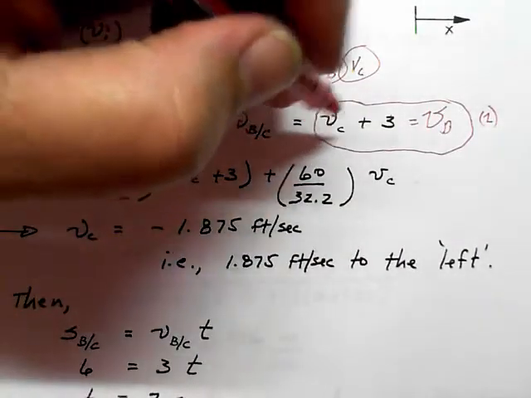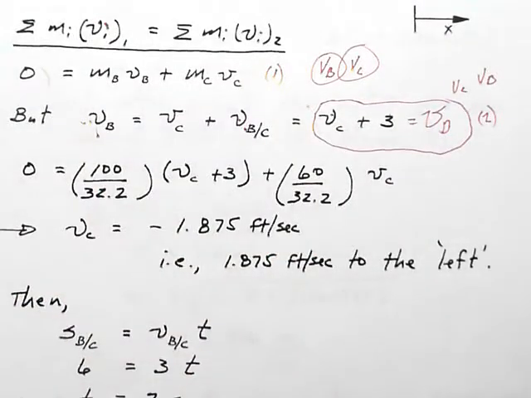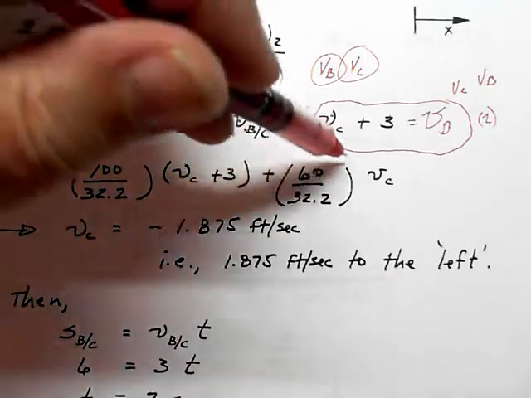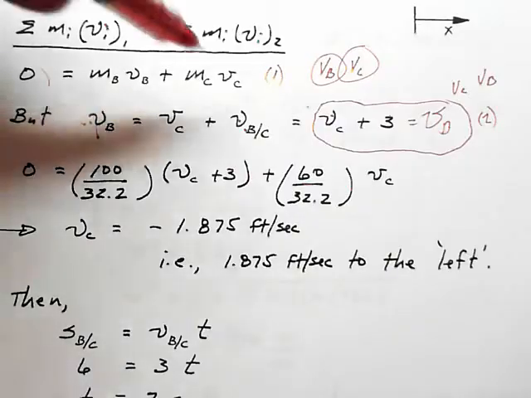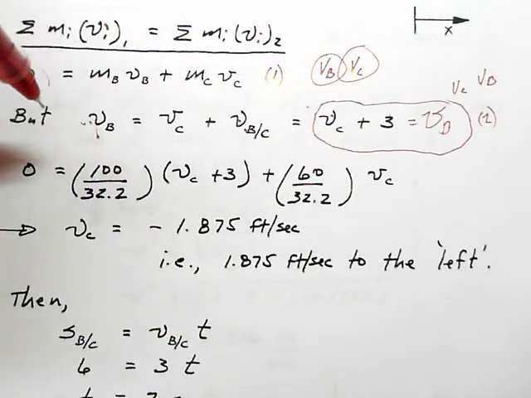And the unknowns in this equation are the velocity of the cart and the velocity of the boy, neither of which are showing up for the first time. Therefore, we have a two equation, two unknown set. And from these two equations and two unknowns, we can solve for both the velocity of the cart and the velocity of the boy at the end of the process.